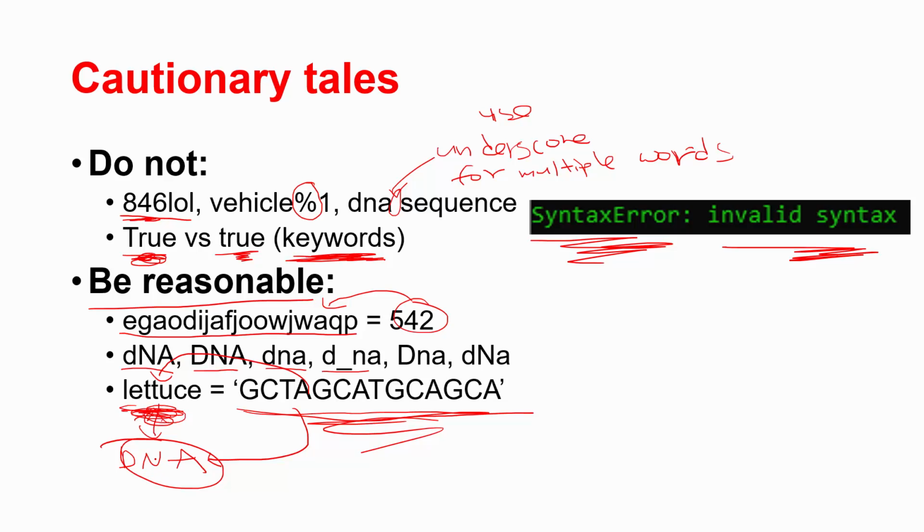I could have put this into something called lettuce or DNA, and in either case, it would have contained this specific nucleotide sequence. So when you see a variable name, don't just automatically assume this is a DNA sequence, or this is something else. You have to look at what is actually being assigned into the variable.